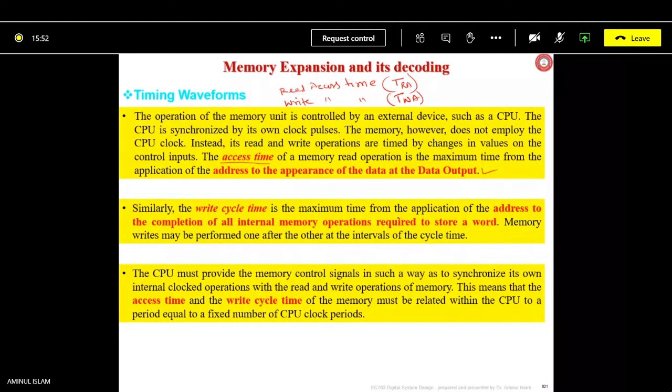It is the maximum time from the application of the address to the completion of all internal memory operations required to store the data. These definitions are taken from your book, so you go by the book. For read operation it is access time, for write operation it is write cycle time.